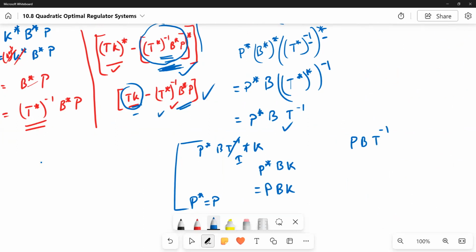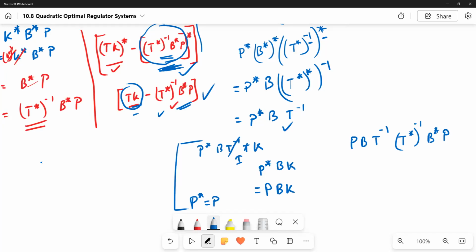You can write star or P, same thing. So you can write the same, it doesn't make much difference. Then you have T transpose P star inverse B star P.